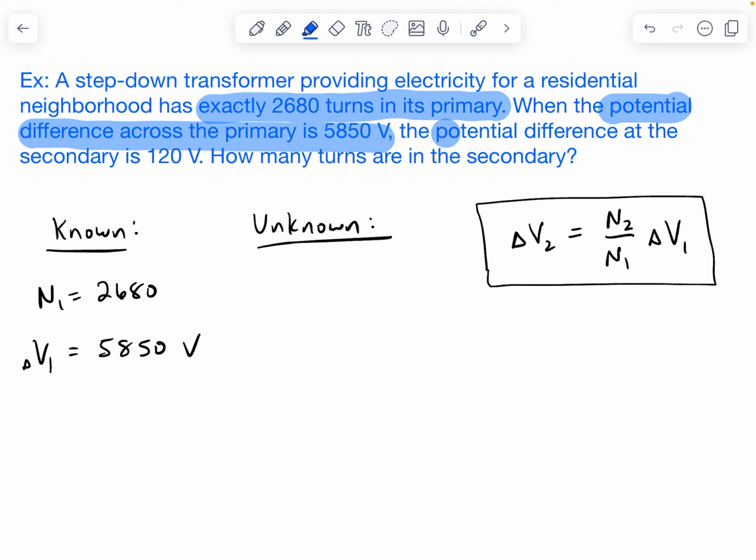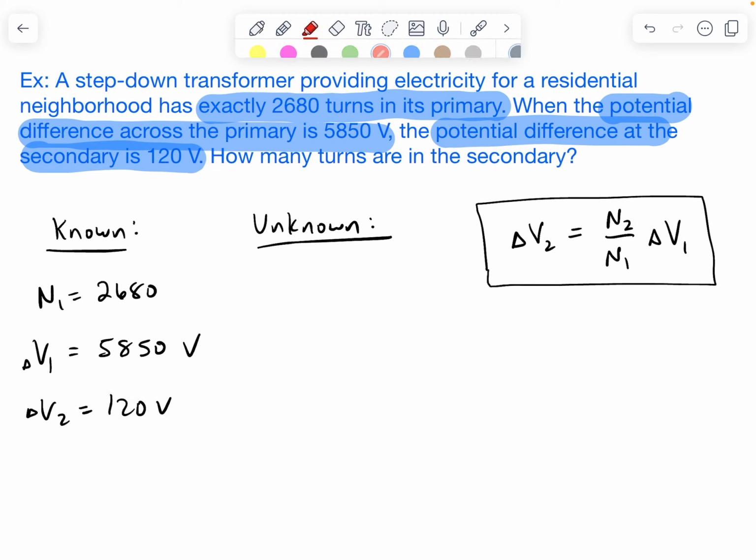It tells us that the potential difference at the secondary is 120 volts, so that's going to be our V2. And the question that we are trying to solve here is how many turns are in the secondary, so we're trying to find N2 here, okay?